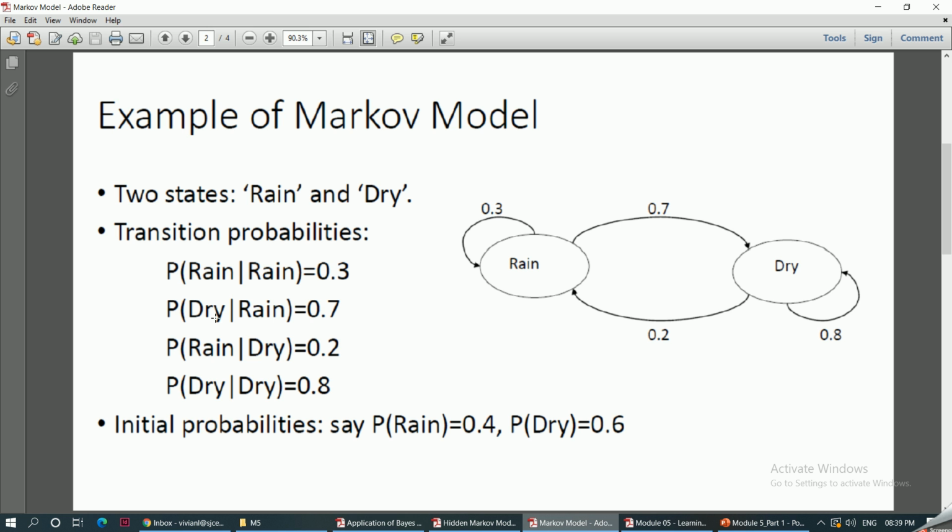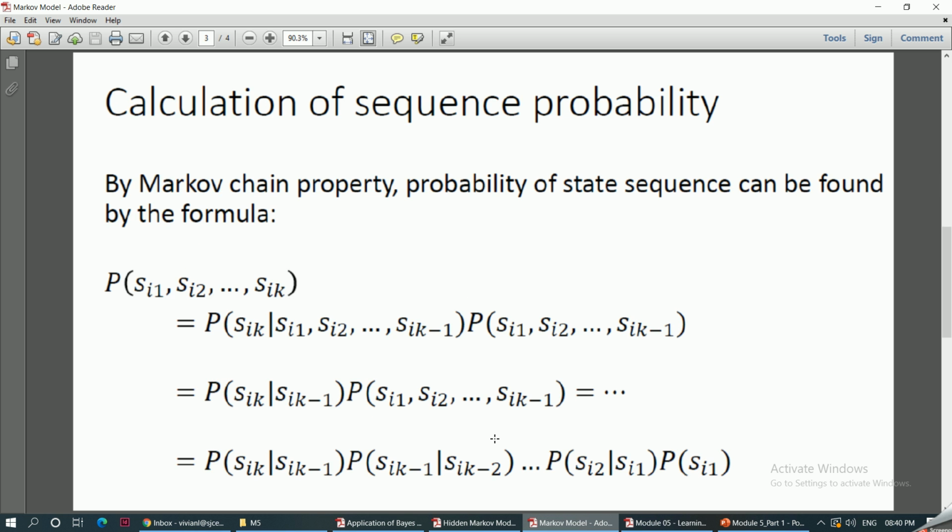Similarly, the probability of dry given that previously rain occurred is 0.7. The probability of rain given dry is 0.2 and the probability of dry given dry is 0.8. They will also give you the initial probabilities of both states, rain and dry, which are 0.4 and 0.6. This is the Markov chain property which I explained to you.